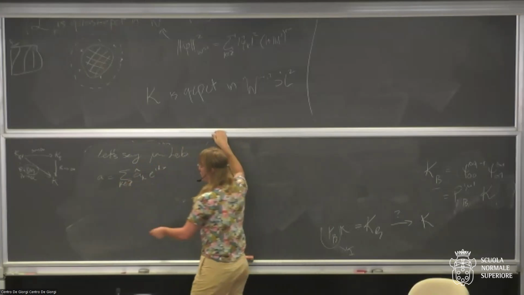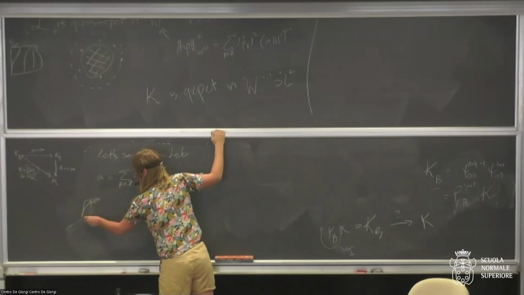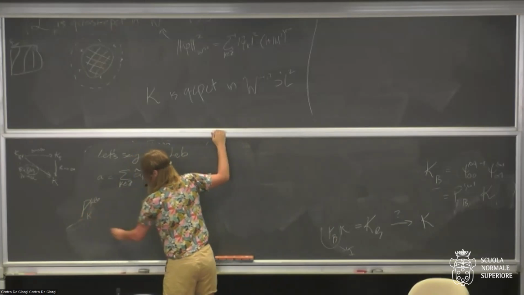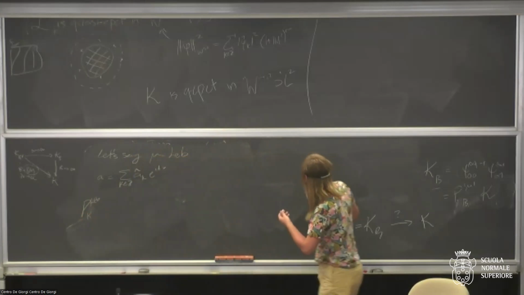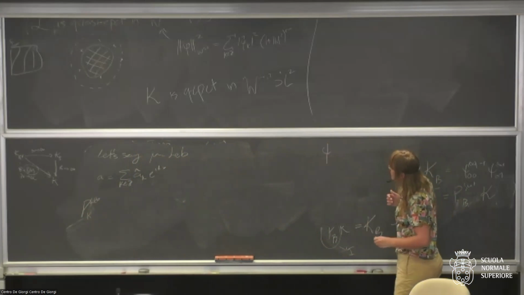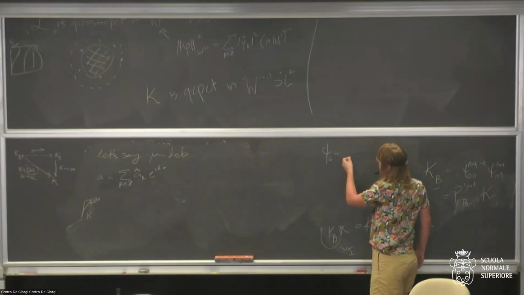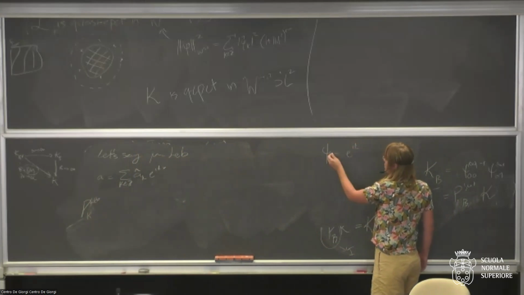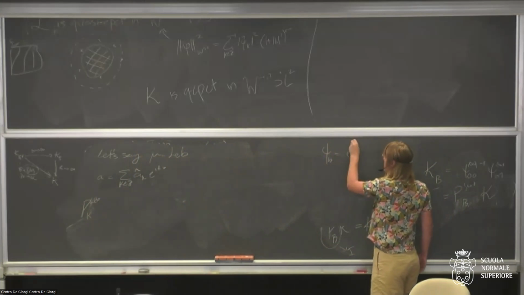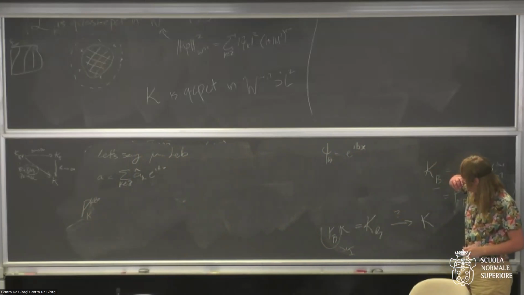We can then ask what happens if we project with respect to Lebesgue. We need to say what our functions are going to be. Let's take really simple things: psi b is e to the ibx. So we're taking a Fourier basis, which is a very natural, simple basis.